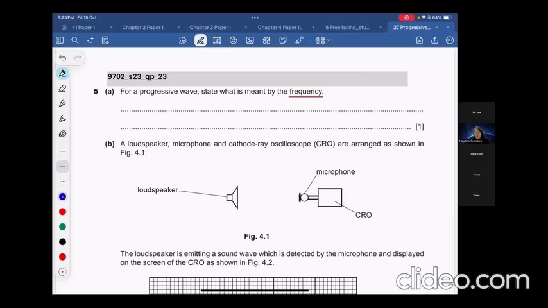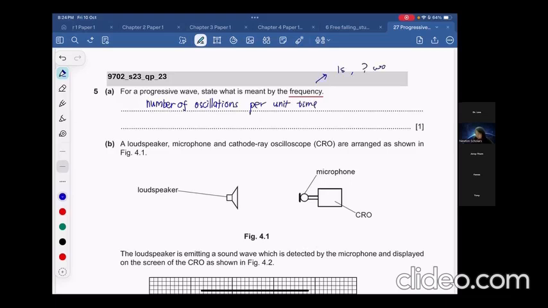How many times does a wave pass through a certain point in 1 second? Yes, Wesley? Prasan: number of oscillations per unit time. Yes, number of oscillations in 1 second. Prasan's answer is the best. So here, the number of oscillations, wave fronts, crests, troughs, all can be counted. Waves per unit time, actually 1 second.